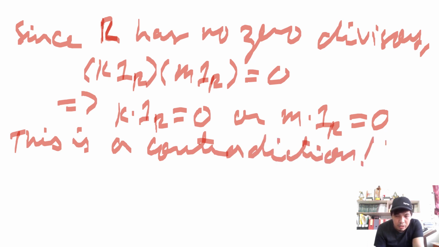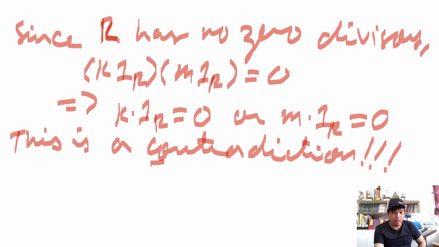Why is this a contradiction? Because by definition, it is n who should be the least integer satisfying an equation similar to this one. But here we know that k and m are integers that are less than n. And yet we have seen that when multiplied to the identity element 1 sub r, both of them are equal to 0.